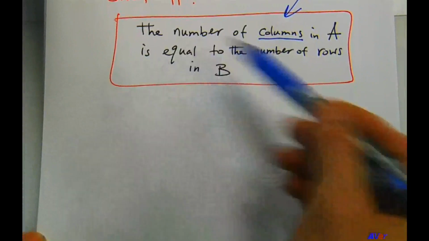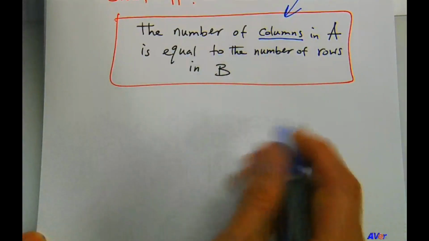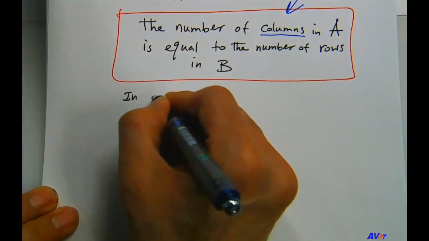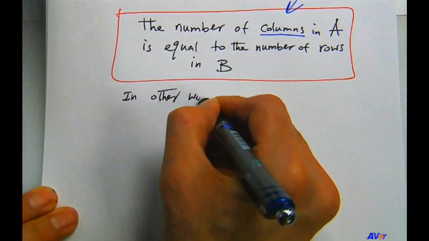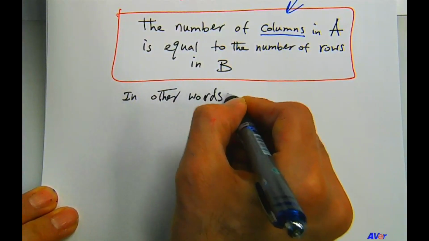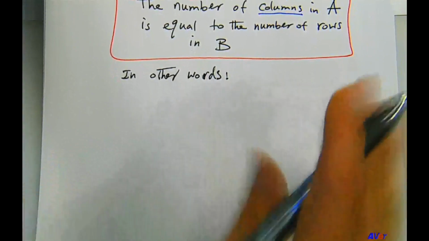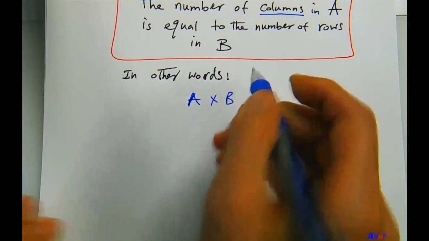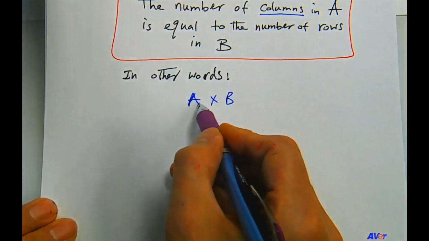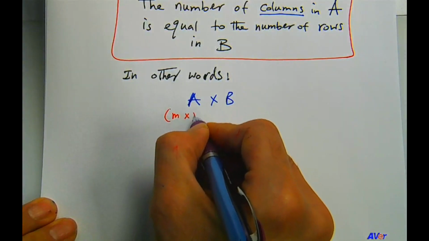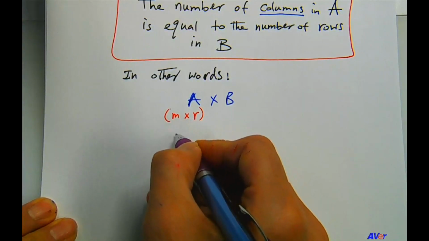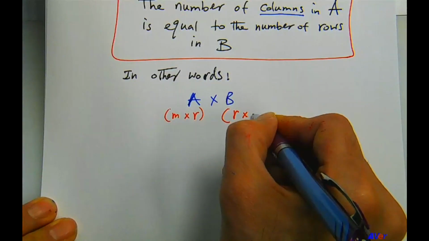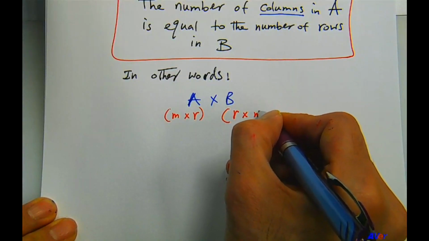So I'm going to say the same thing symbolically. So let me say, in other words, A times B. Suppose A has dimension m times r. Then B has to have dimensions r times n.